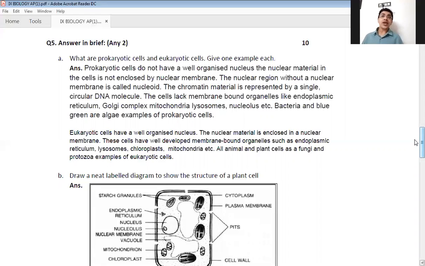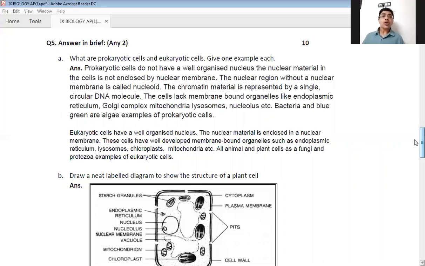Bacteria and blue-green algae are the examples of prokaryotic cells. That is all the description of prokaryotic cells with their example.